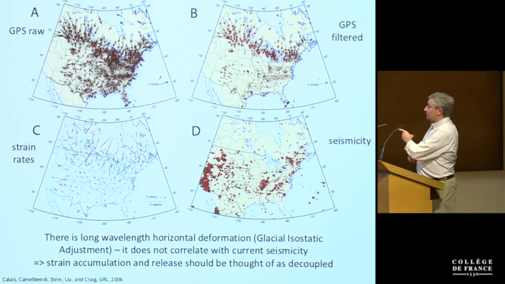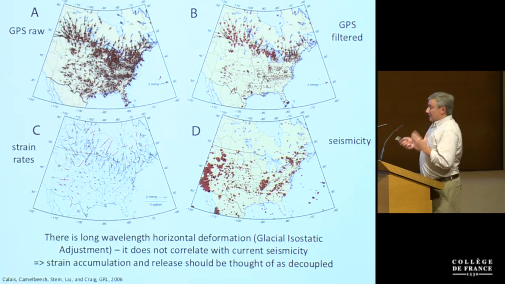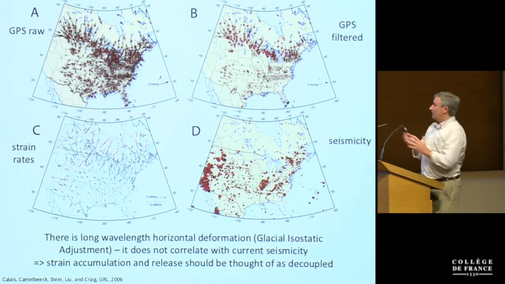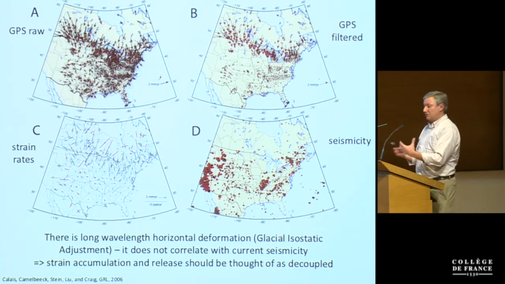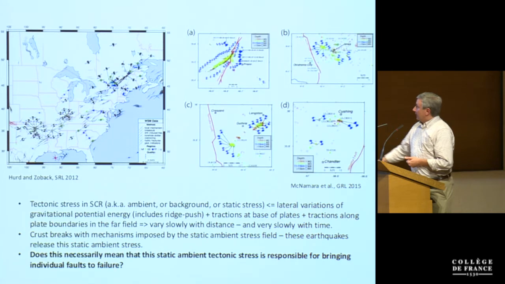It does not correlate with current seismicity here in North America. The same holds for Scandinavia today. So again, just a hint here, maybe we should think about strain accumulation and strain release as two different, decoupled processes, contrary to plate boundaries where they seem to work hand in hand. Let's keep going.